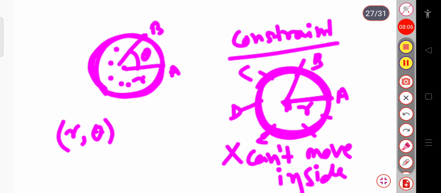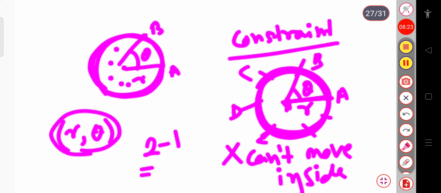But only this theta coordinate will vary. So from these two coordinates, r and theta, we subtract this one constraint, that r is constant. So 2 minus 1 equals 1. This 1 is the degrees of freedom of the particle.